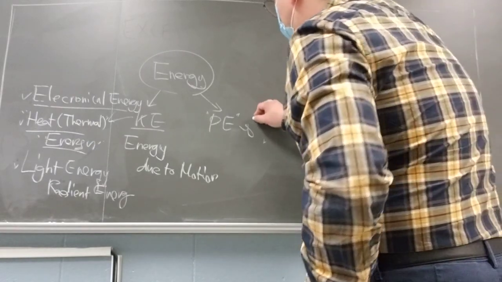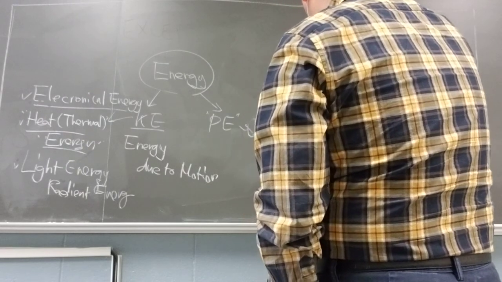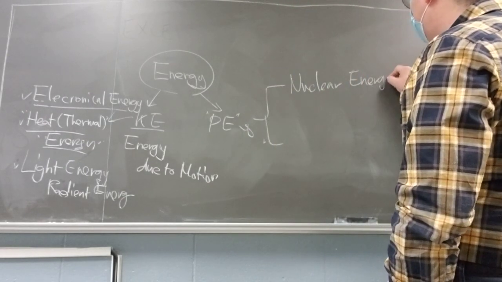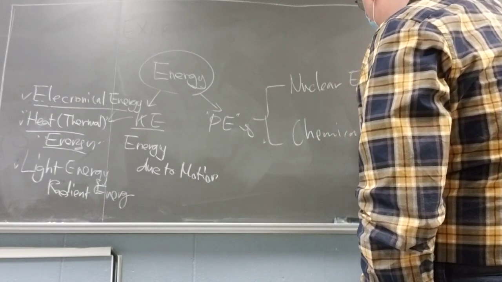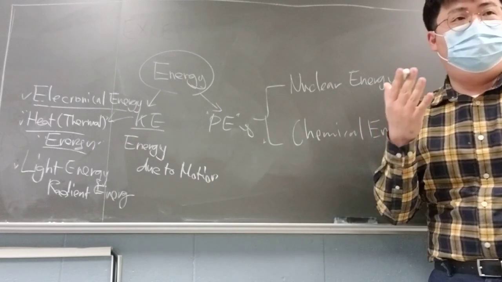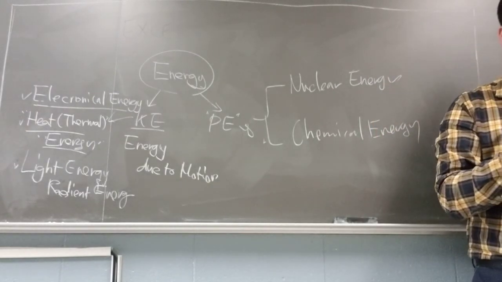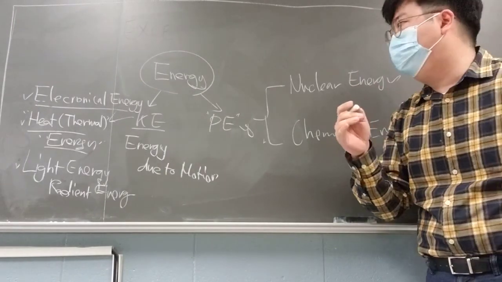So potential energy is mainly two kinds. It's nuclear energy, and the other one is chemical energy. Nuclear simply means if you look at the nucleus of the atoms or the molecule, it's all made by what? Neutrons and protons and everything.